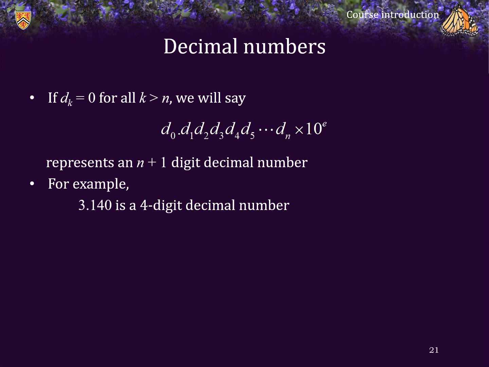So, for example, 3.140 is a 4-digit decimal number. 6.62607015 times 10 to the negative 34 is a 9-digit decimal number. All right, that's a review of decimal numbers from secondary school. We're now going to move to binary.